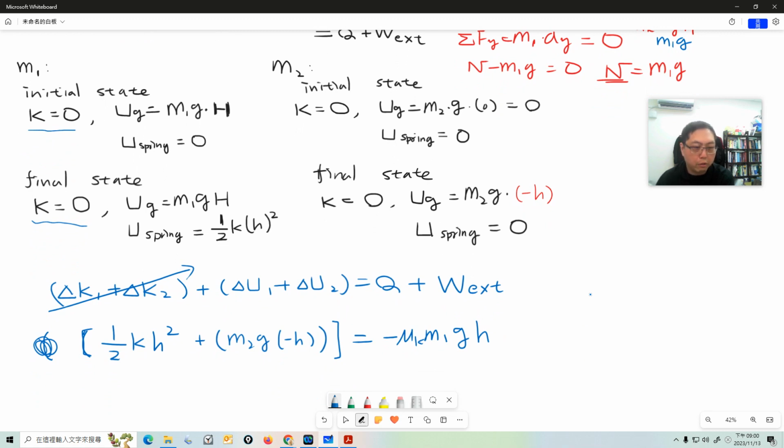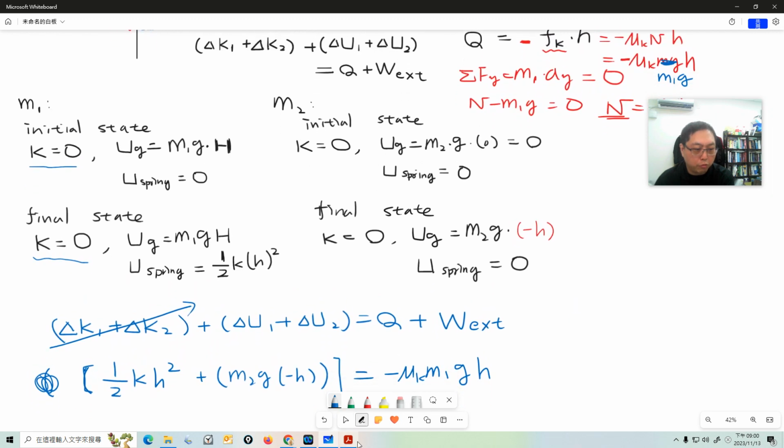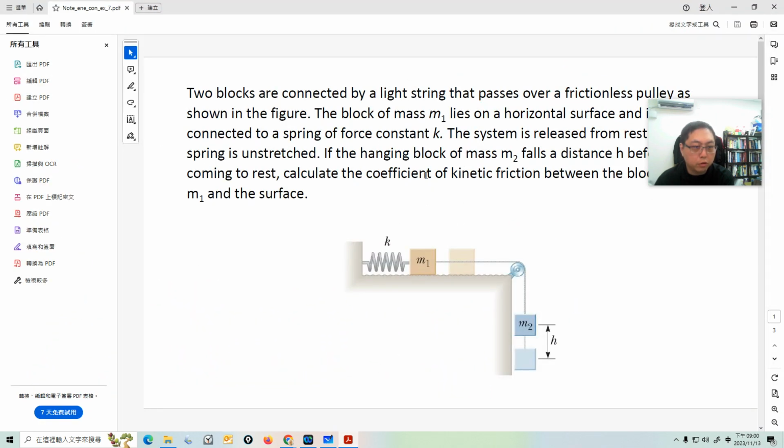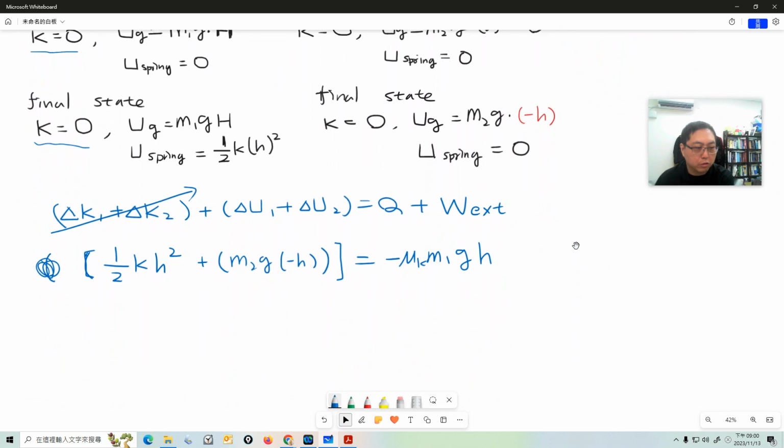And what are we trying to find? The problem wants us to find the coefficient of kinetic friction. Very easy, we almost have the answer.